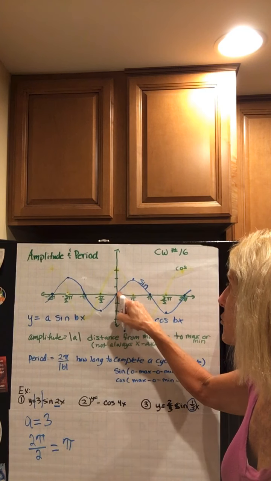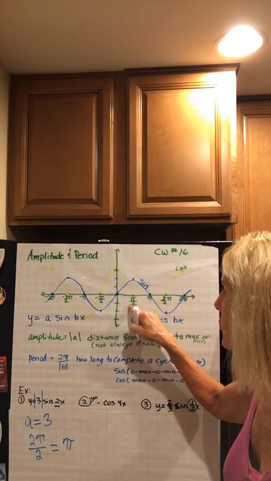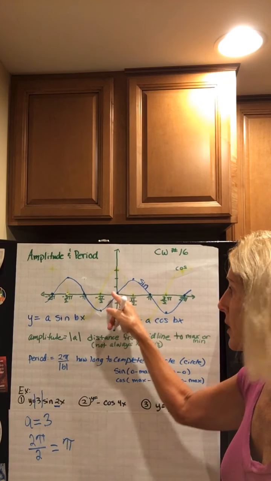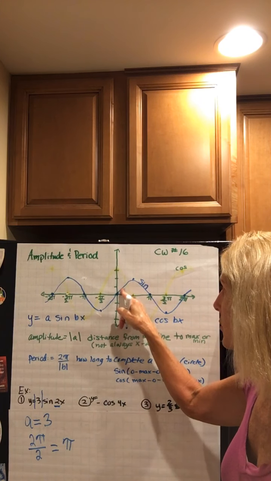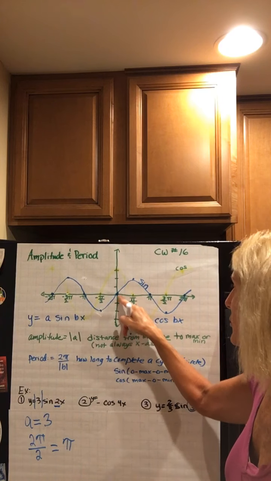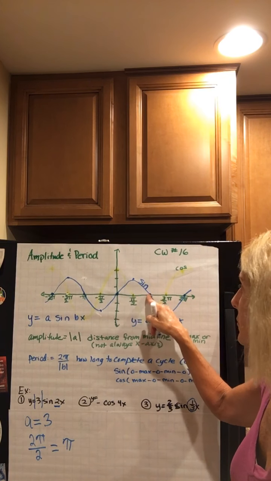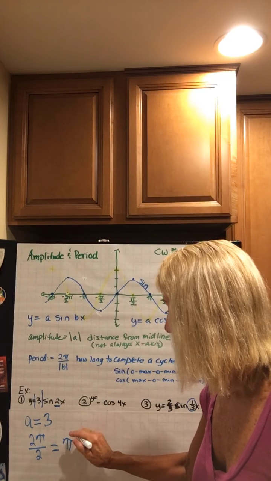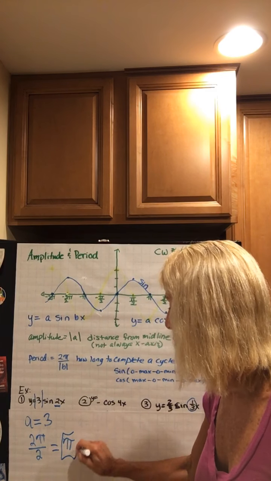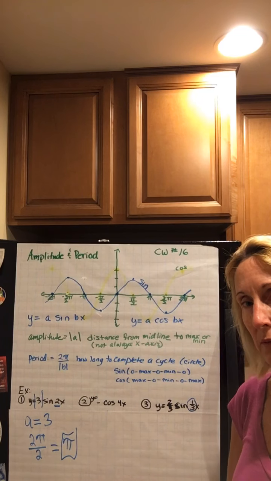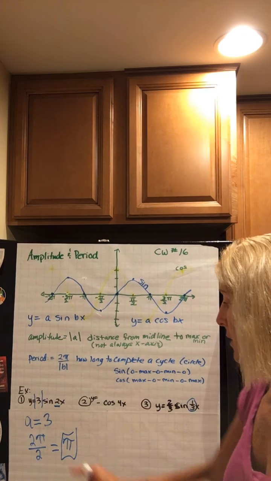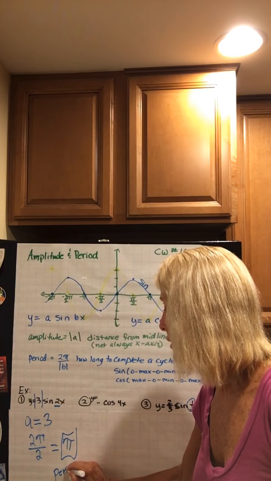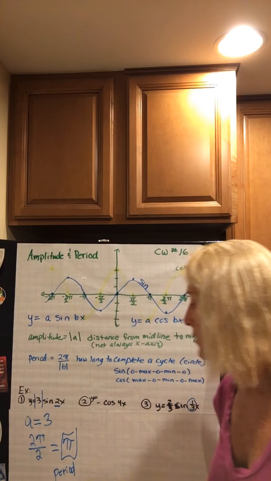It would be much thinner: 0, max, 0, min. There's my pi. So that's the answer for the period. This complete cycle would be done in pi, right there.